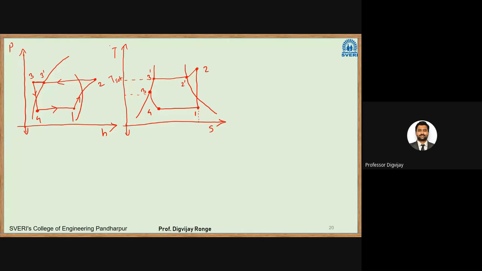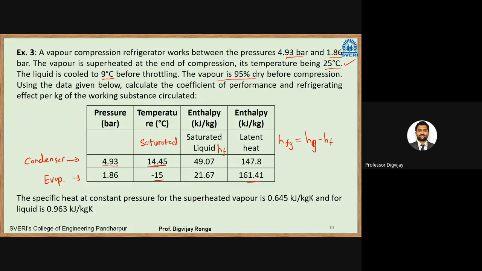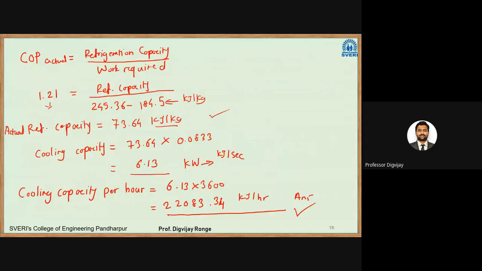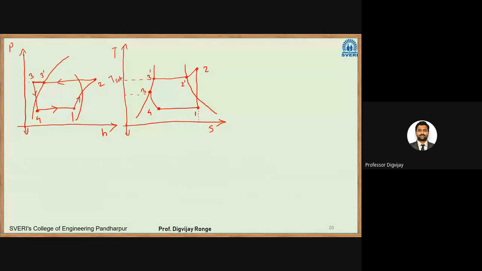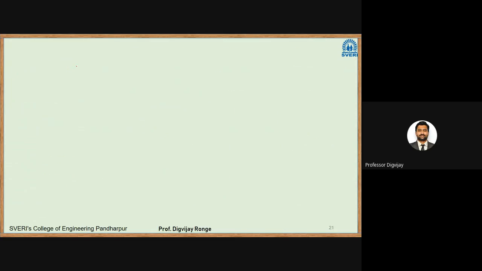It is enthalpy values. I will first write them down. They have given this value of enthalpy hf here. For pressure 4.93, the enthalpy is given. This 4.93 is the condenser pressure. Next we have the evaporator pressure. So they have given this hf value. How much have they given? 49.47.